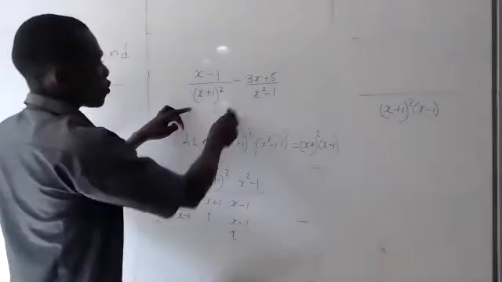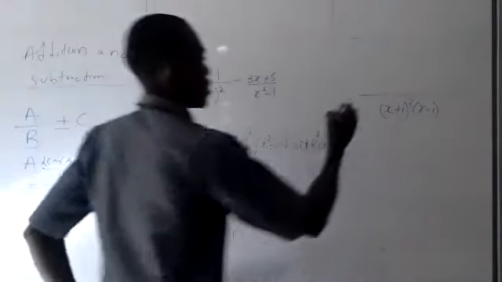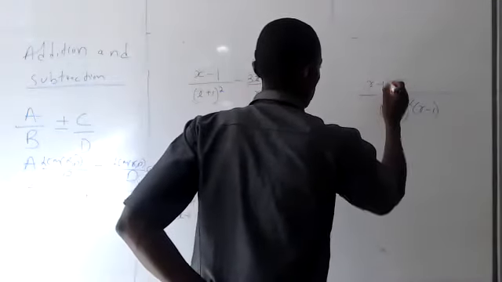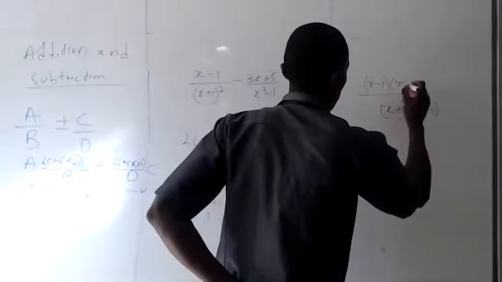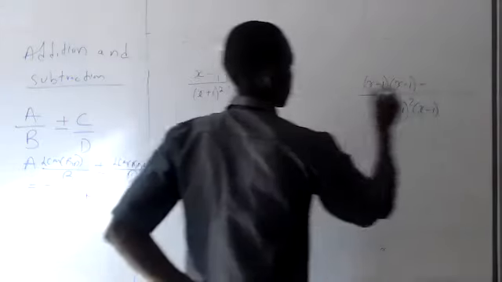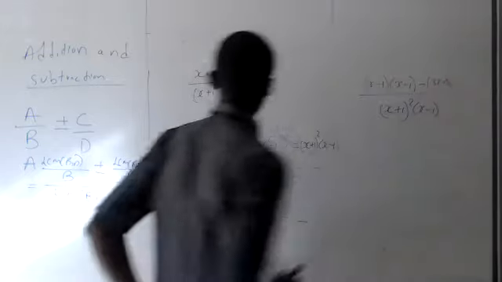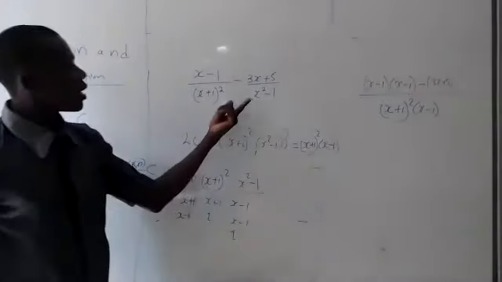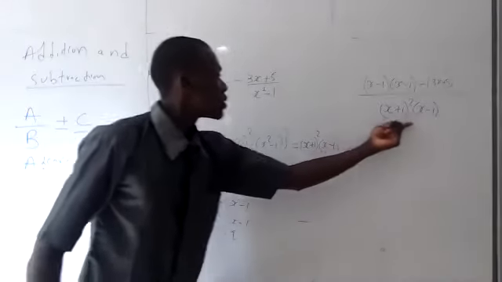So x plus 1 squared divides this expression, x minus 1 times. So we will have x minus 1 multiplied by what we have here, x minus 1, minus, so we have 3x plus 5. We need to multiply that by x squared minus 1 times this expression.